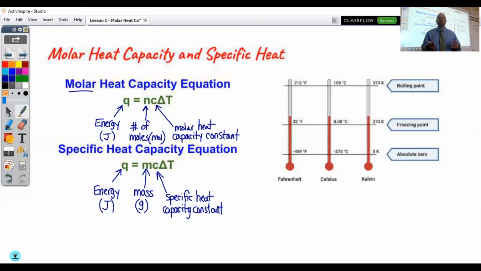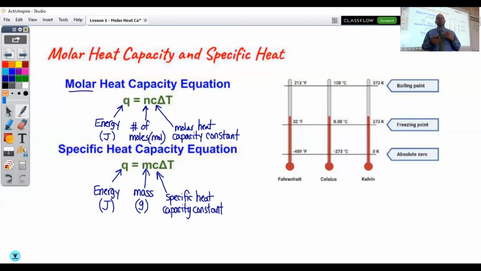This is also why we use things like iron and copper and other metals to make pots and pans. A pot or pan wouldn't be very useful to us if it took half an hour just for the pan to heat up. So keep in mind that the higher the specific heat constant or the molar heat capacity constant is, the longer it takes for that substance to heat up, the longer it takes for that substance to cool down.